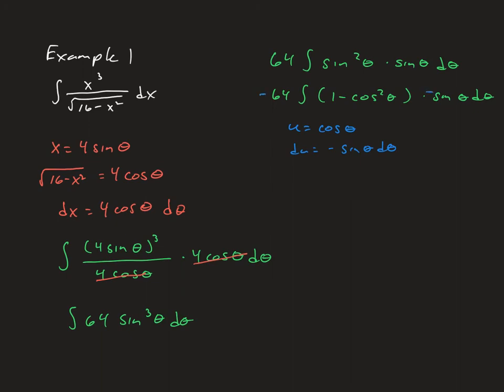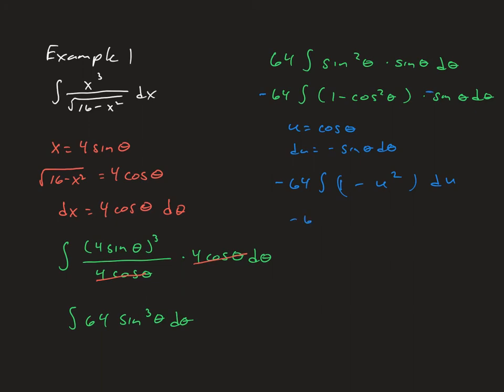When I make my substitution, this is now negative 64 times the integral of 1 minus u squared du.